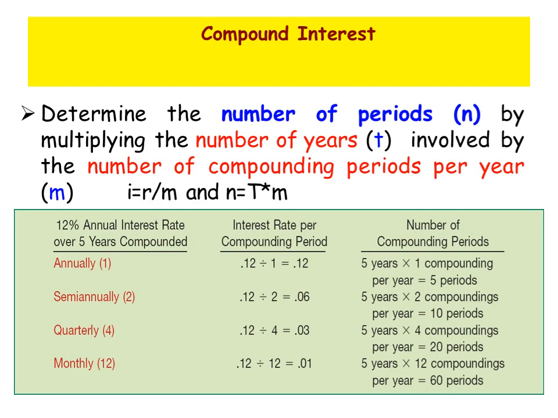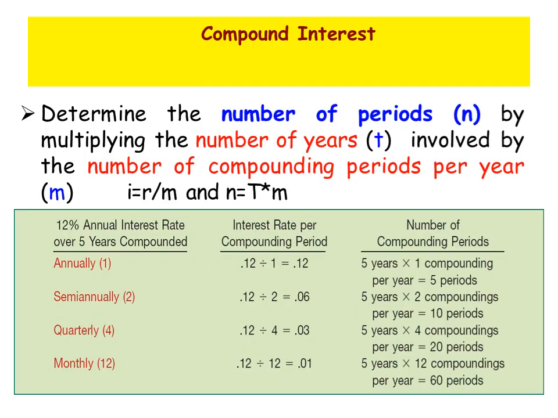For the second, semi-annually, m is 2, r is 12%, then 0.12 divided by 2 is equal to 0.06. With m as 2 and the time 5 years, the number of compounding periods is 5 times 2, which is 10 periods.